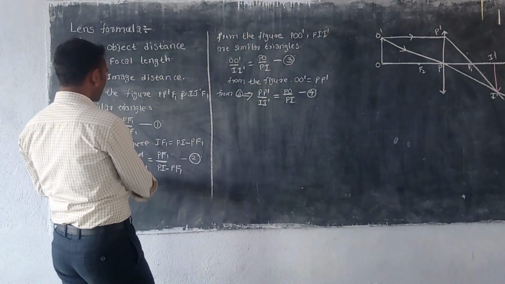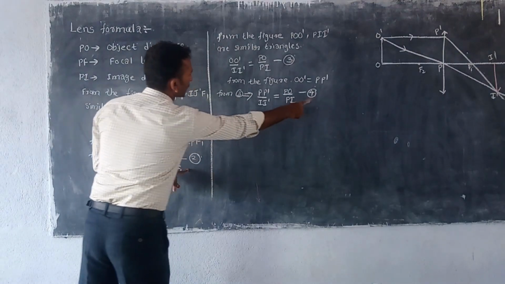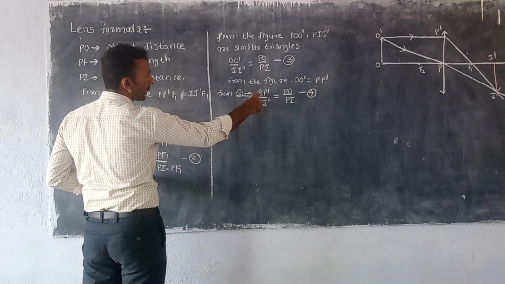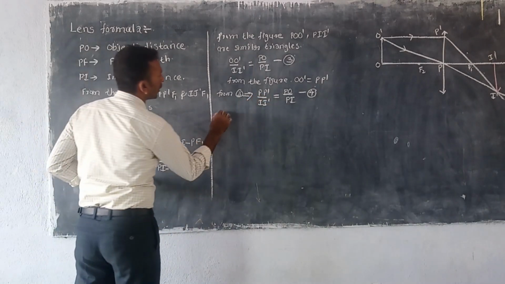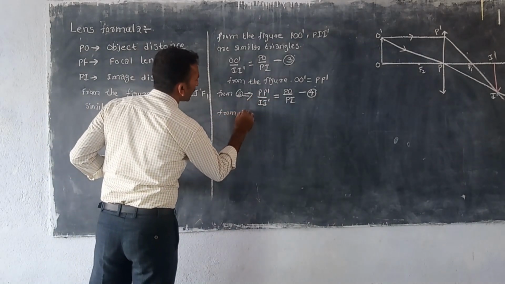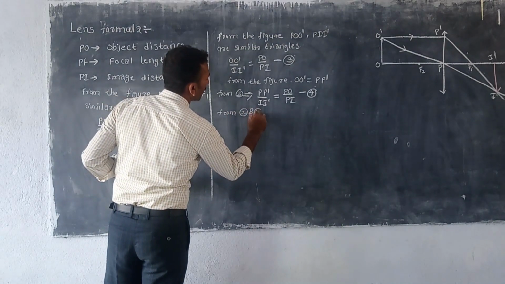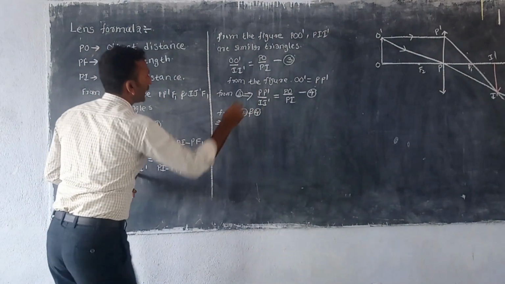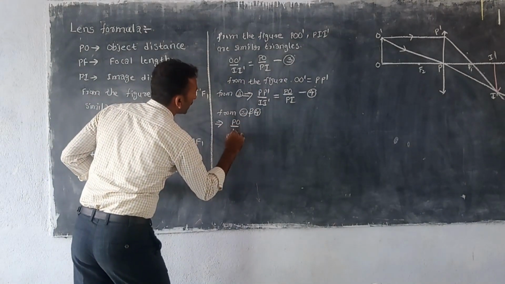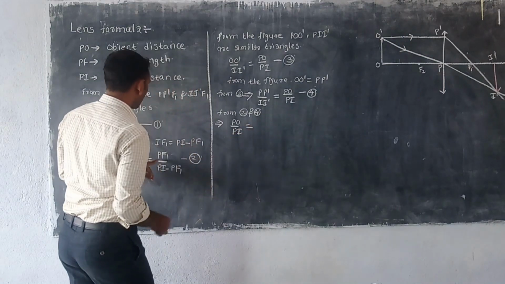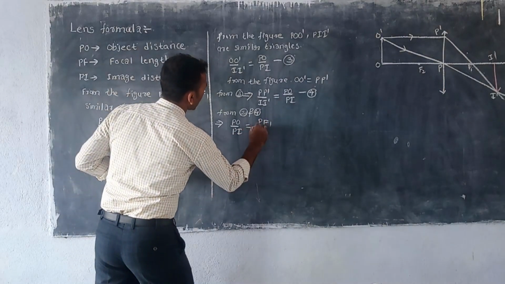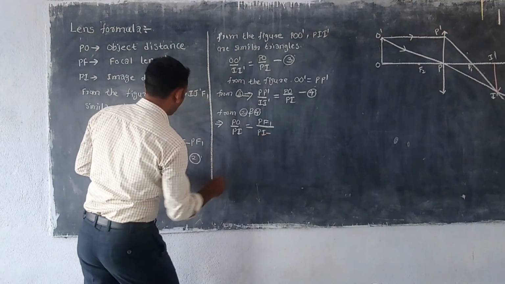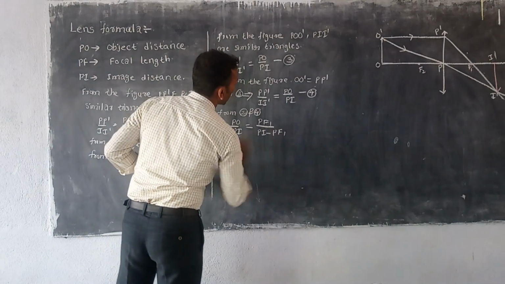And observe equation 2 and equation 4: here P dash by I dash, and also in equation 4 P dash and I dash. So from equation 2 and 4, we can write PO by PI equals PF1 by PI minus PF1.